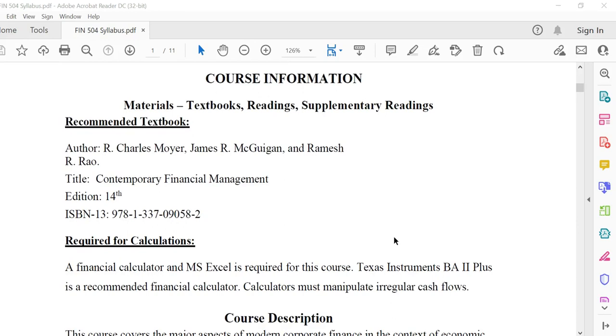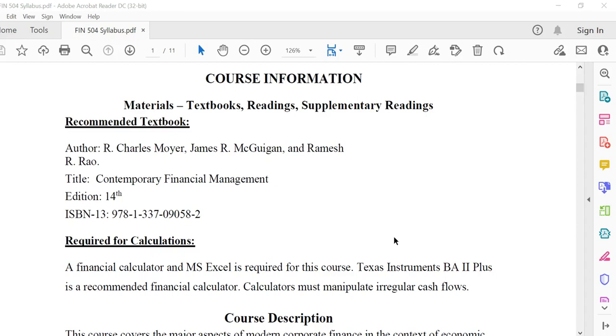I would recommend using Texas Instruments BA II Plus or any other calculator you can use. That is up to you. But for my classes, whenever you will watch the videos that I post, I will use Texas Instruments BA II Plus. That will be the calculator that I'll be using. I will explain all the functions of that calculator.